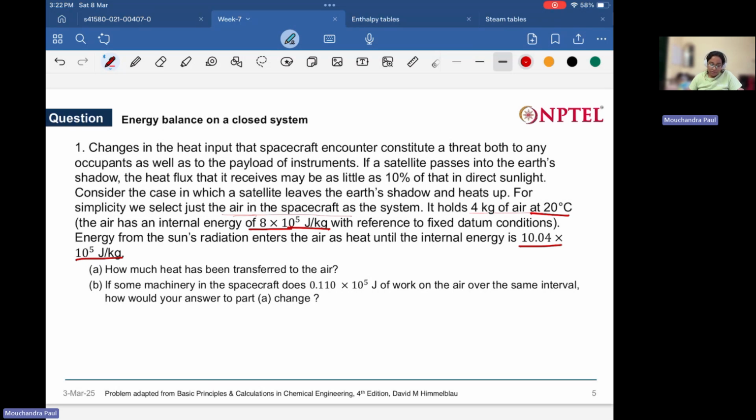So we have to first calculate how much heat has been transferred to the air. And part B asks, if the machinery in the spacecraft does 0.11 into 10 to the power 5 joule of work on the air over the same interval, how would your answer to part A change? All right. Let's start.